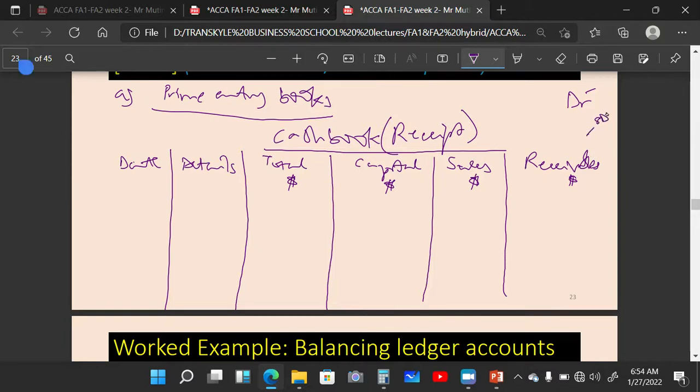However, when these customers who had bought goods from us on credit come to pay or settle their accounts, we have to record that money in the cash book because it's a cash receipt. Initially they were recorded in the sales day book. Don't be confused there.